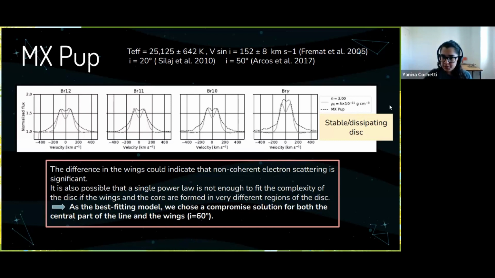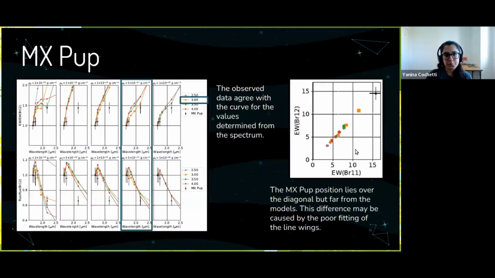So these are the parameters that we found for this best fitting model. And according to these n values, this disk should be stable or starting to dissipate. We also see how our measures fall in these other plots that I showed you before. So this is the n value that we found from the spectra, and this is the density that we found.